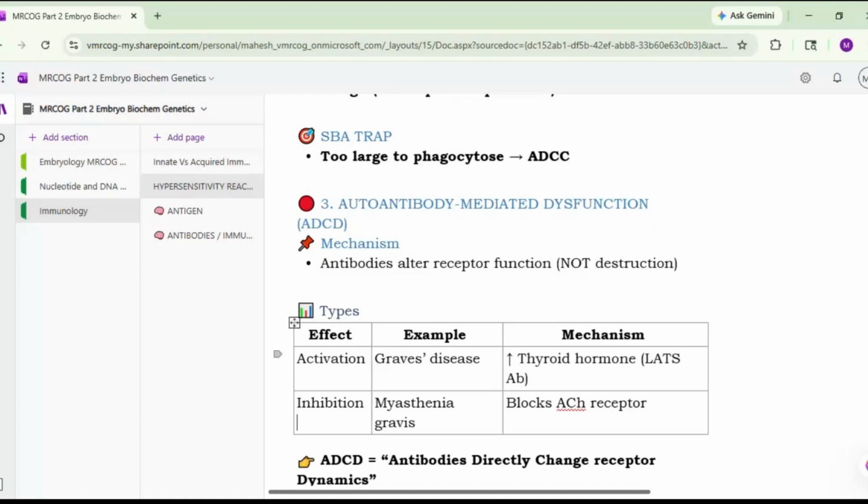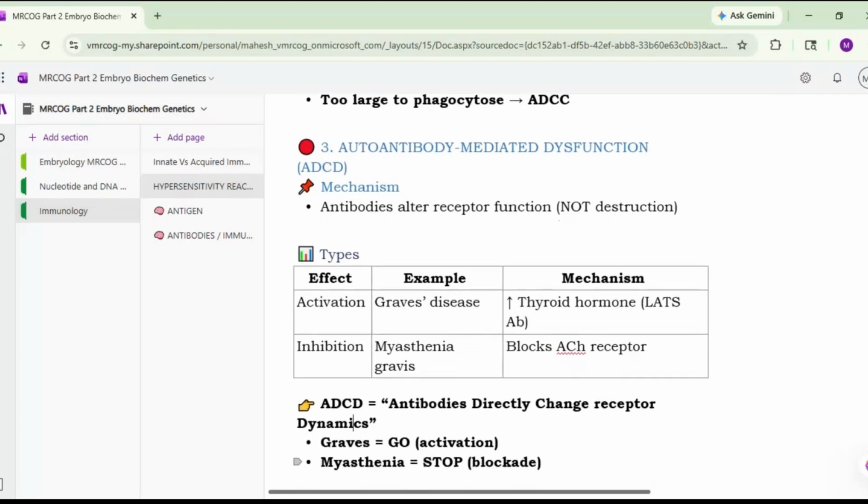Activation is seen in Graves' disease, where these autoantibodies stimulate the receptor and there will be secretion of thyroid hormone. These are LATS antibodies, long-acting thyroid stimulant antibodies. While in myasthenia gravis, these autoantibodies are inhibitory. They act on the receptor, inhibit it, and block the ACh receptors.